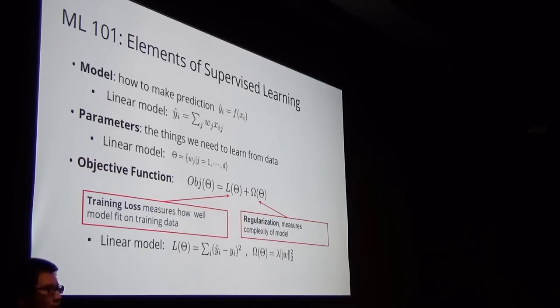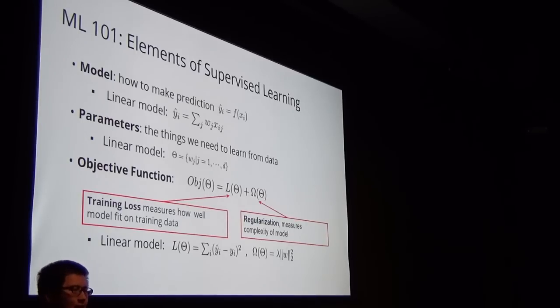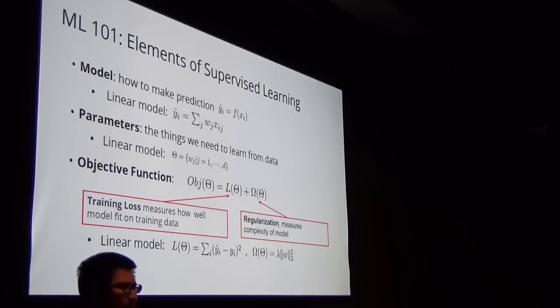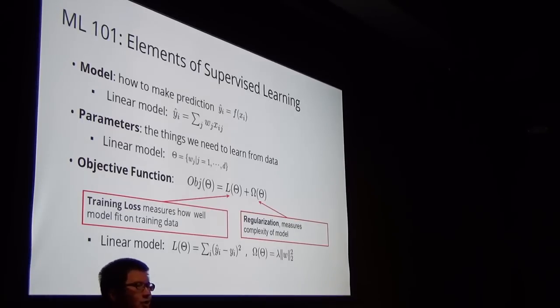The first part is the training loss. That's easy to understand. If you want to fit a linear model, you want your prediction to be very close, at least on the training data, to the already provided labels. Training loss basically measures how well you do on the data set you have on hand. The second term, which is usually ignored by many beginners of machine learning, is called the regularization term.